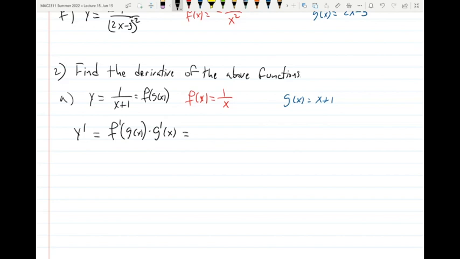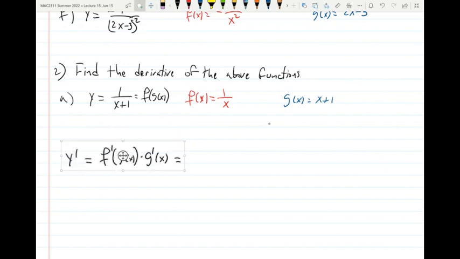All right? Let's see what that is. So I need f prime. So let's compute it. What is f prime? Okay, so 1 over x is going to pop up below, so you should remember it.